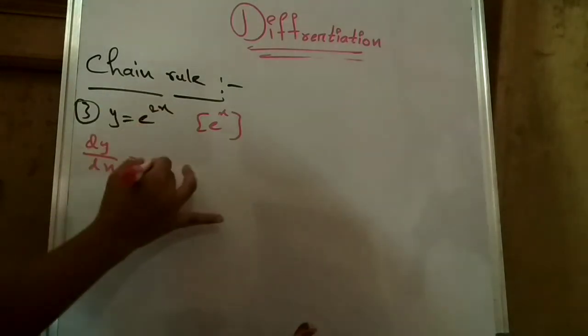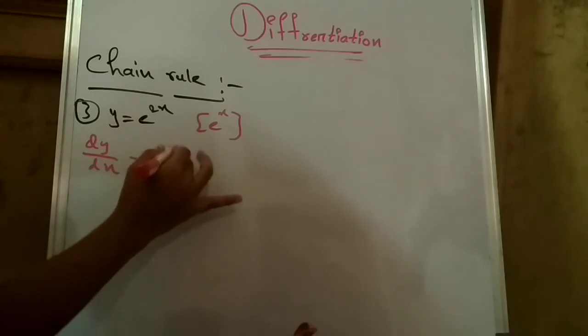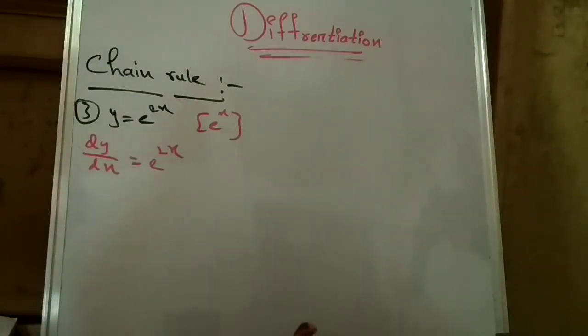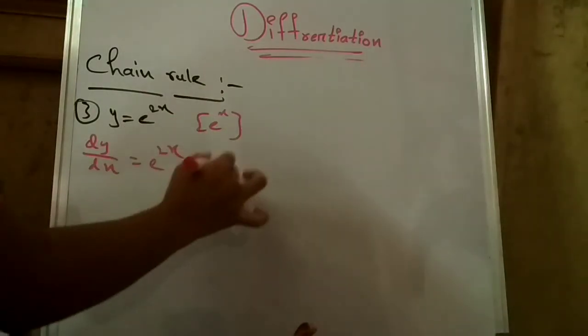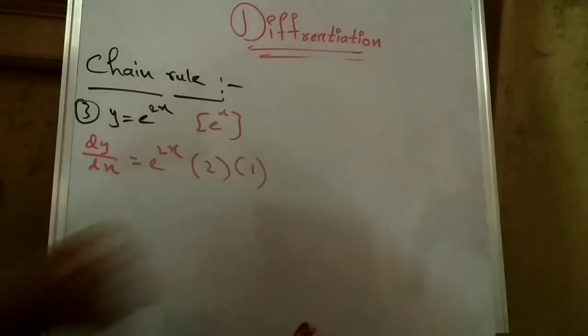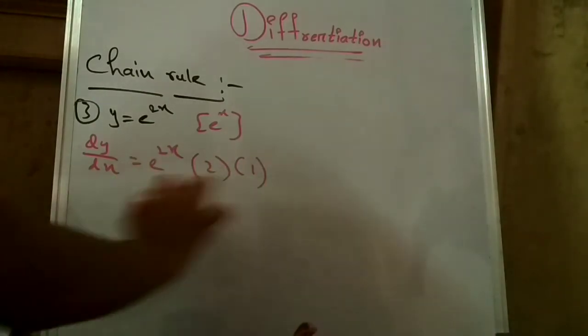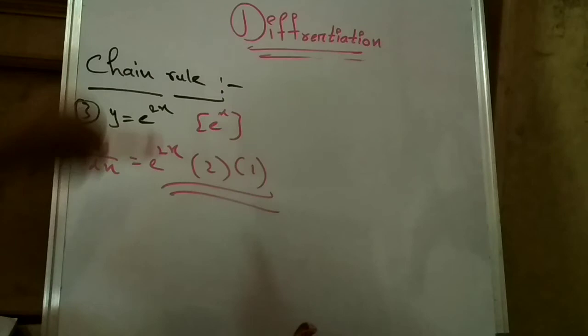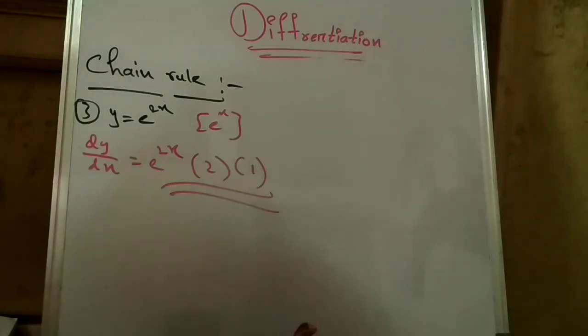So same we'll keep, because we are imagining it as e to the power of x, and the derivative of e to the power of x is e to the power of x. Now differentiate. It will be 2 and 1, right? So this is it. This is the differentiation of e to the power of 2x.